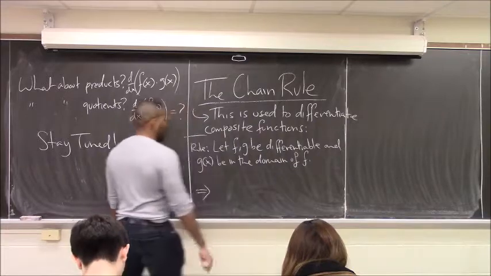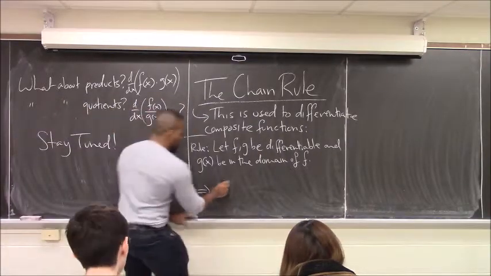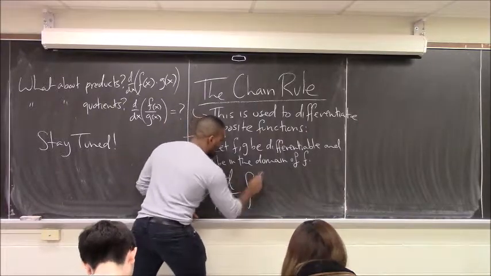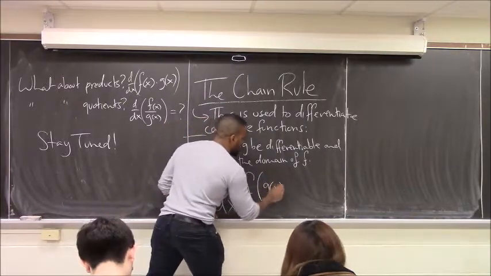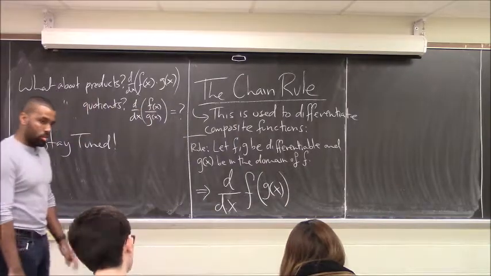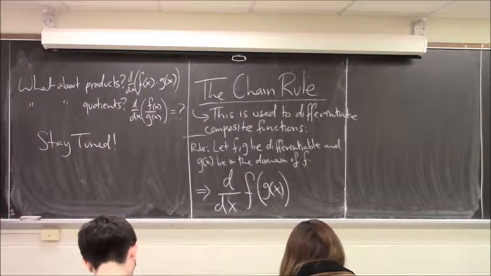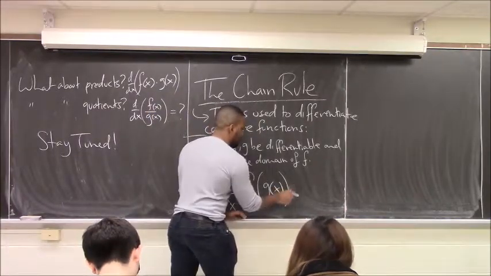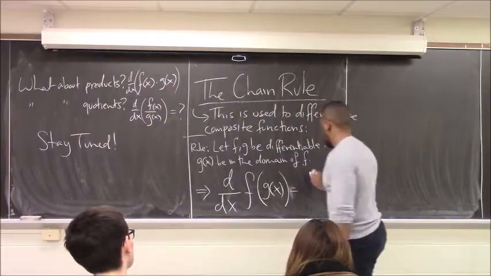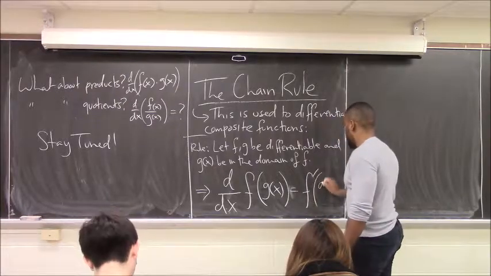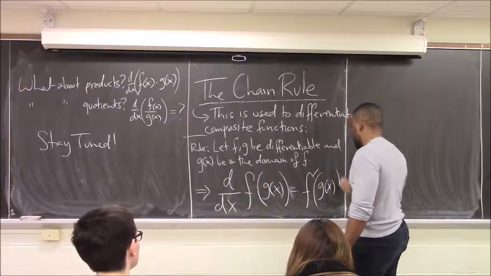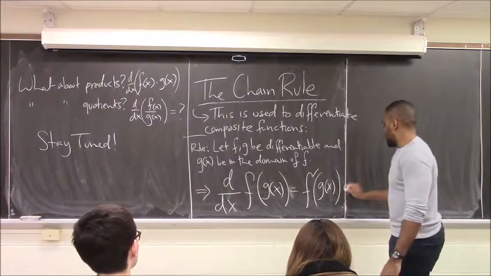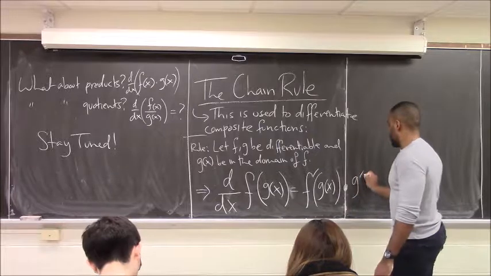Then we can differentiate the function f of g of x. So I can take one function and plug it inside of another function, and I can find the derivative of that new function by doing this. It's the derivative of f, the outer function, leaving the inside one alone, multiplied by the derivative of the inner function.